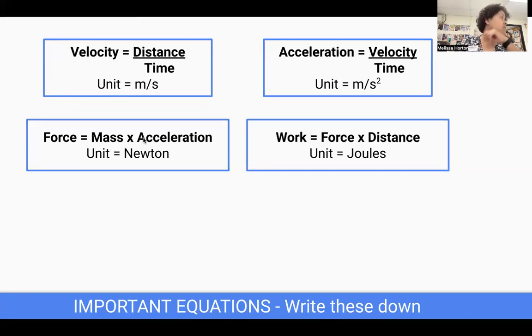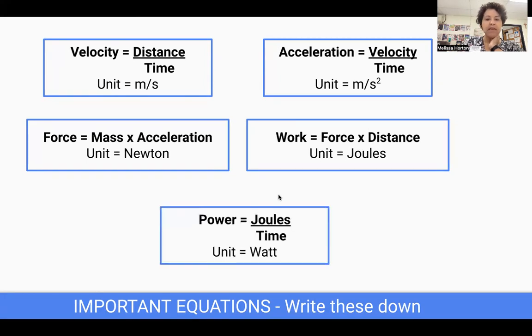You also have force, which is mass times acceleration. And the unit for that is newtons. Work, which is force times distance. And the unit for that is joules. And again, distance is going to be meters, right? And anytime that you do that in these assignments.